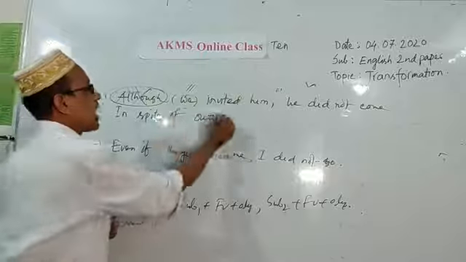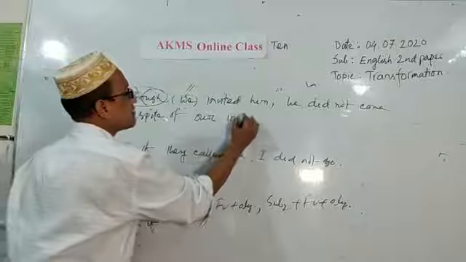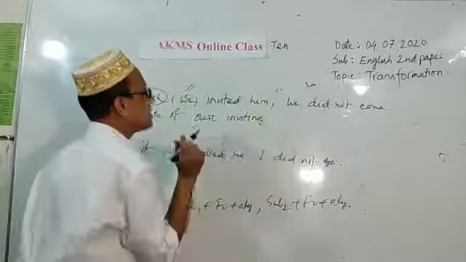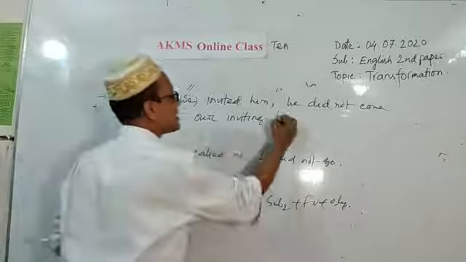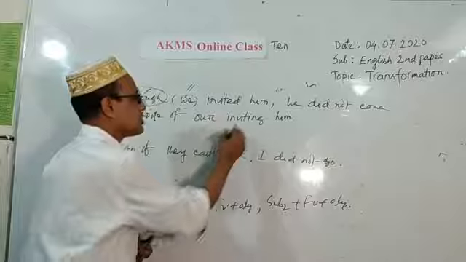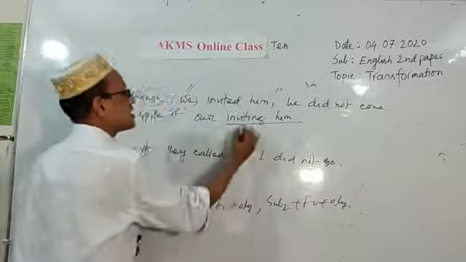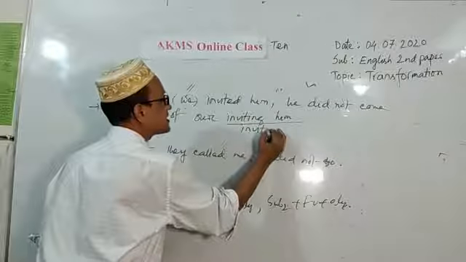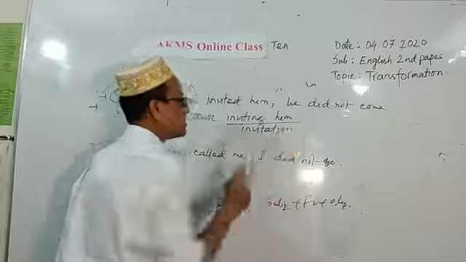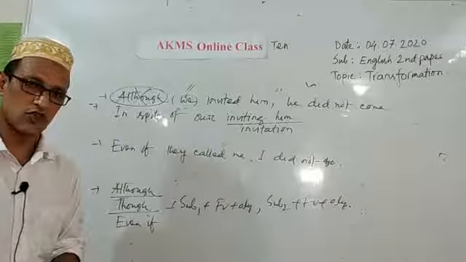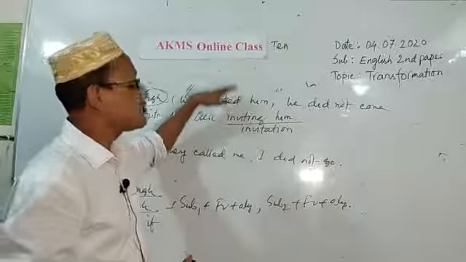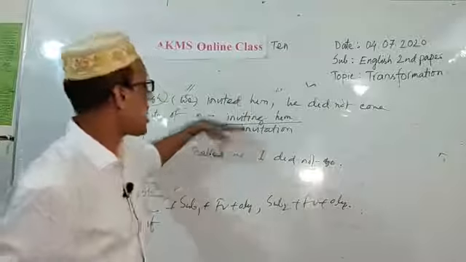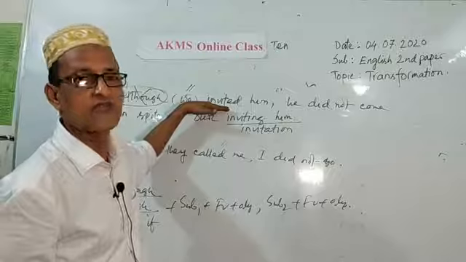Now, our inviting, in spite of our inviting him, you can write in spite of our invitation. In spite of our invitation also. Yes, if I don't know the noun form of invite, then I will write the ing form.